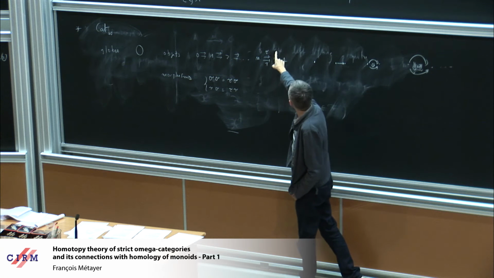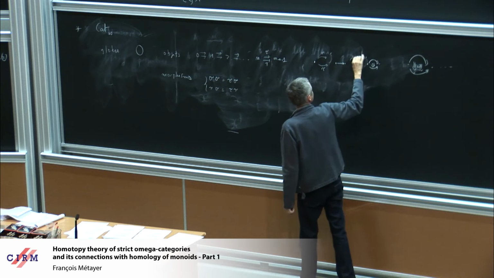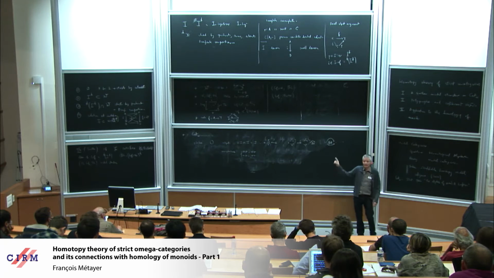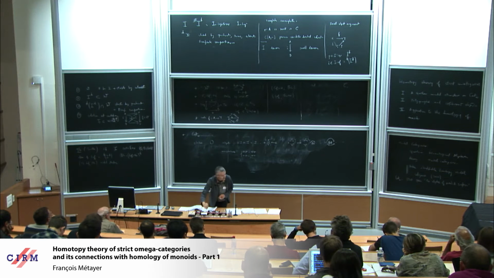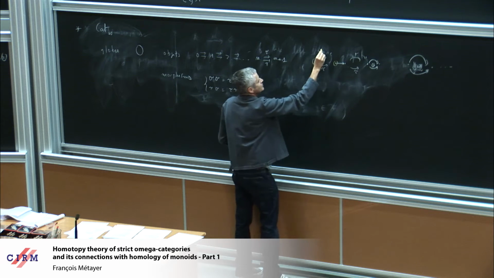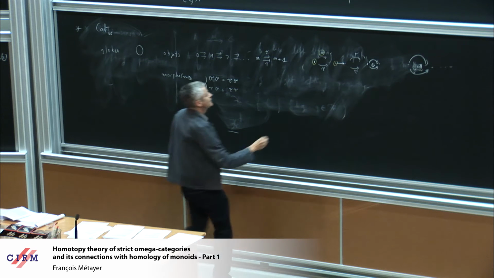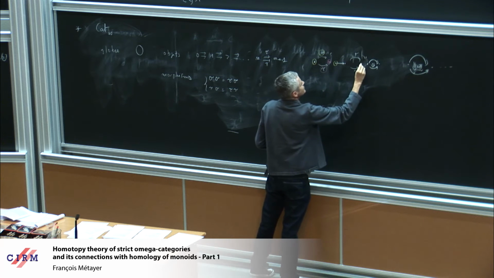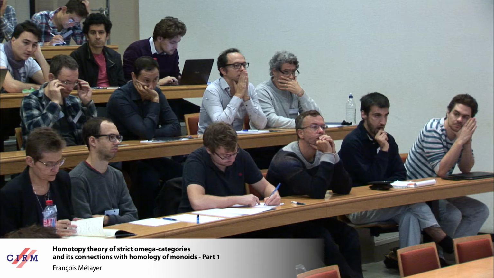And the morphisms sigma and tau are the inclusions of the source and target at each level. Okay, so that, for instance, source takes this here, and target takes this here.